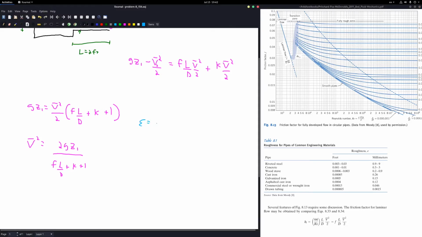Now, because in the problem it says that we are working with cast iron, we know that the roughness is going to be 0.00085. This means that we can find our relative roughness by dividing by the diameter, which is 1 inch or 1/12 of a foot.